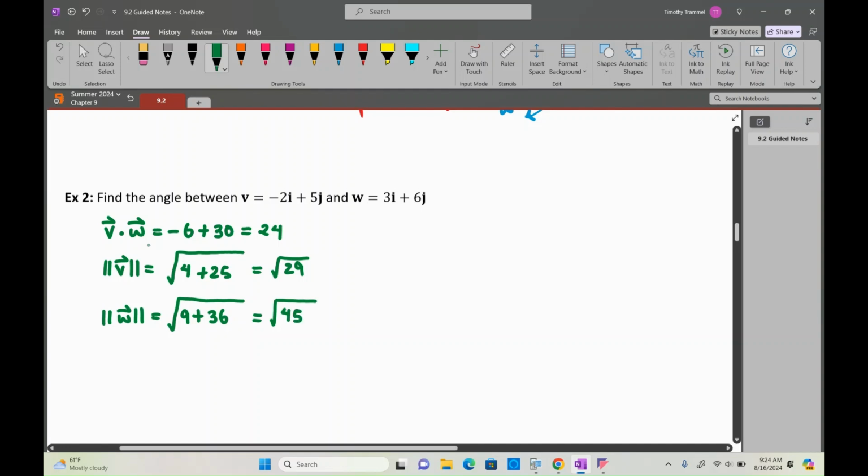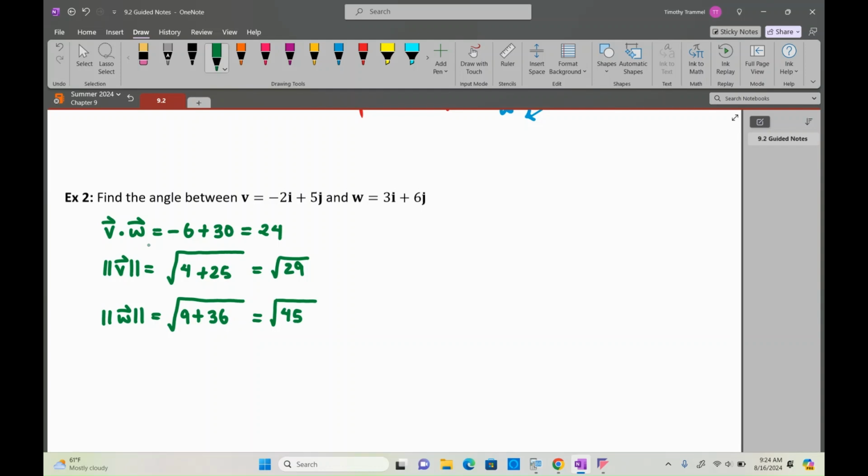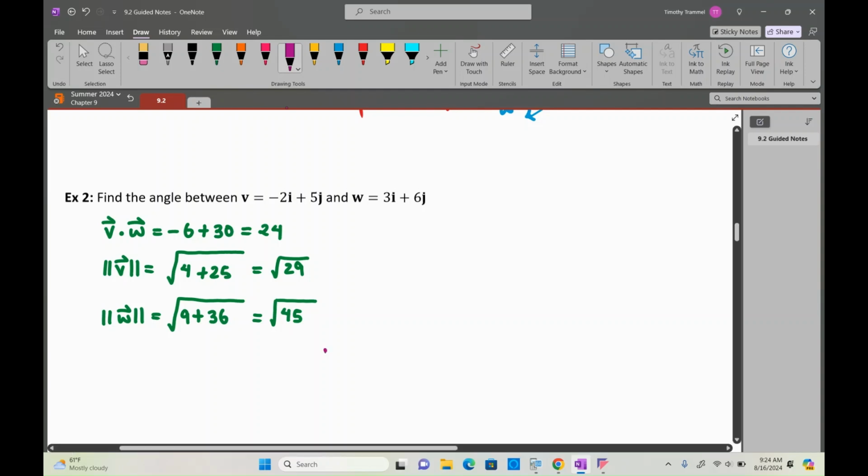And so now we have everything we need in order to find this angle. So let's do that. I'm going to have theta is equal to cosine inverse of v dot w over the product of the two magnitudes.